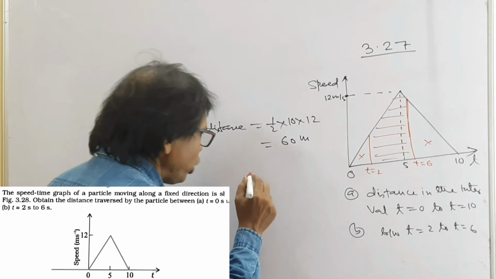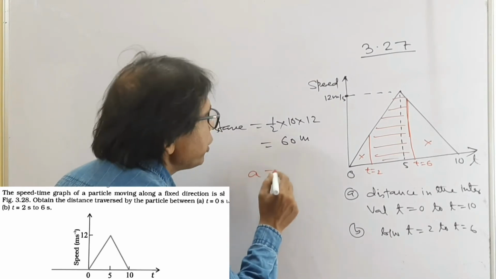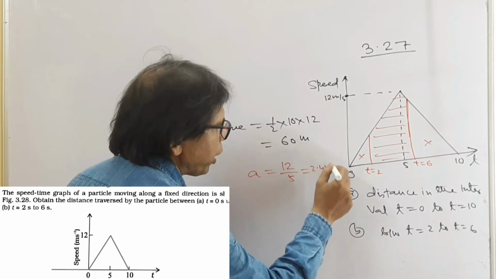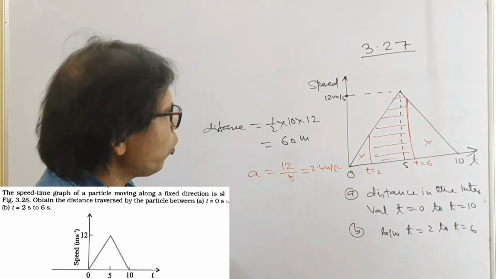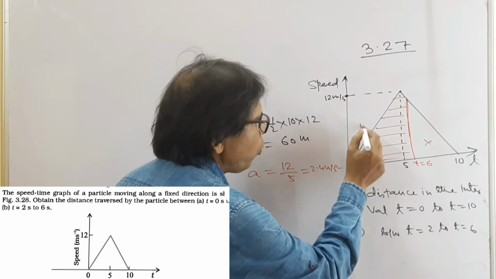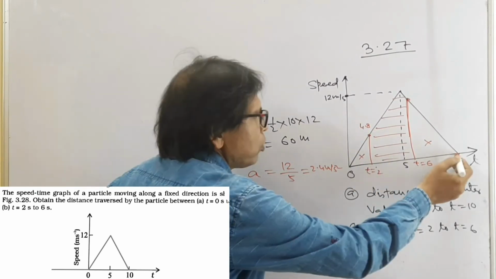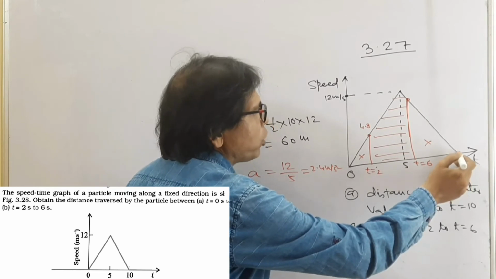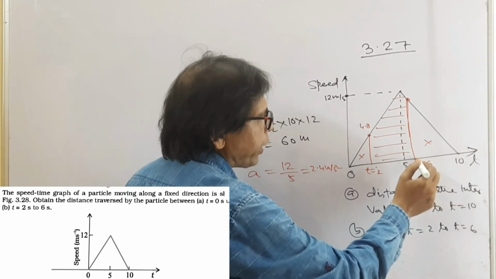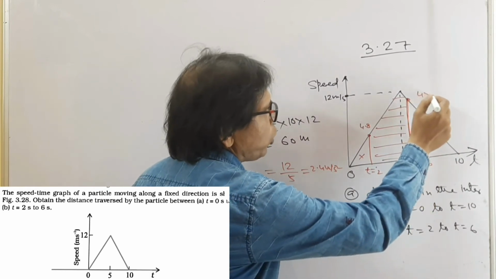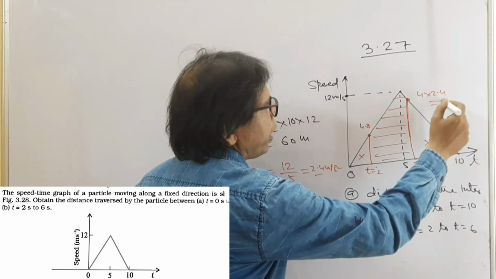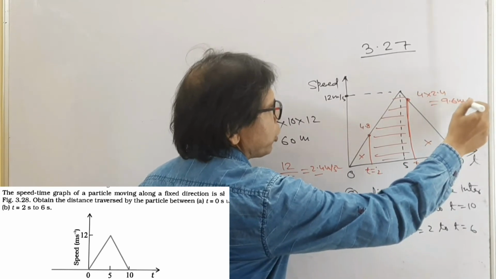The magnitude of acceleration becomes 12 by 5, so this is 2.4 meter per second square. Now the velocity after 2 seconds is 4.8. Okay, this is the 0 velocity, so the velocity after 4 seconds becomes 4 into 2.4, so this is 9.6 meter per second.